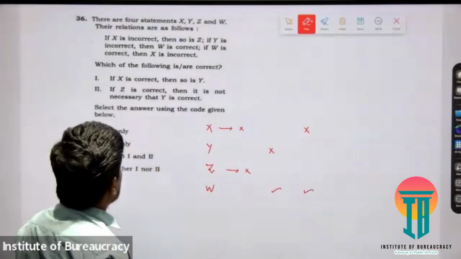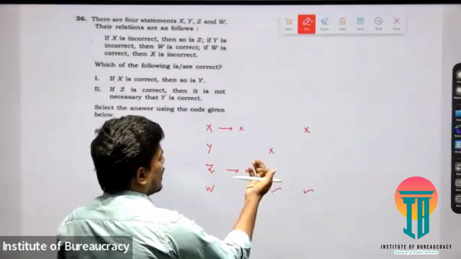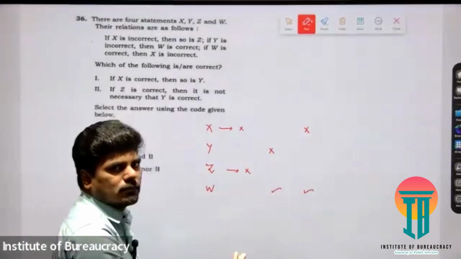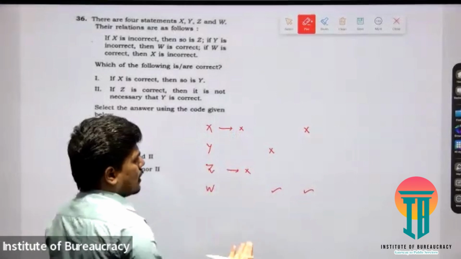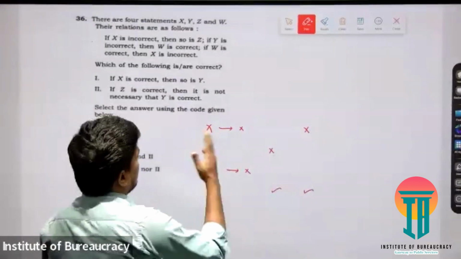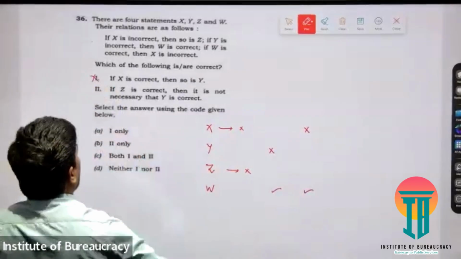If X is correct, then so is Y. We cannot say exactly, because this is correct means we cannot say Y is also correct. Here we don't have data. Therefore, this is not correct.